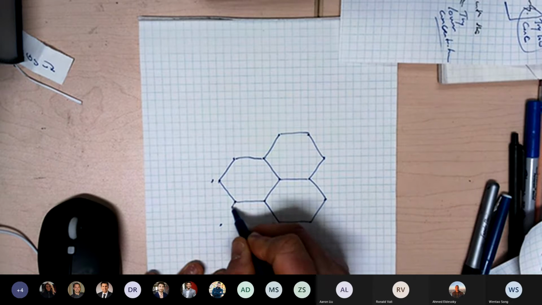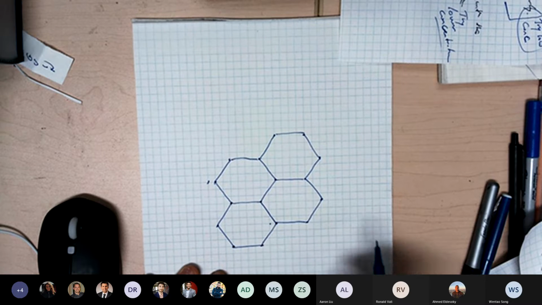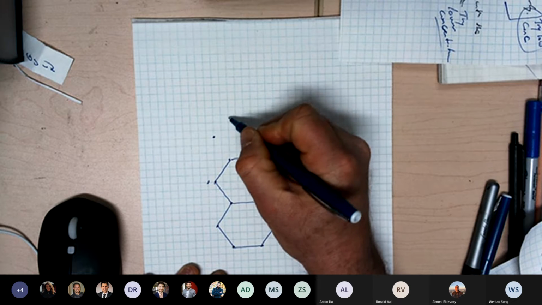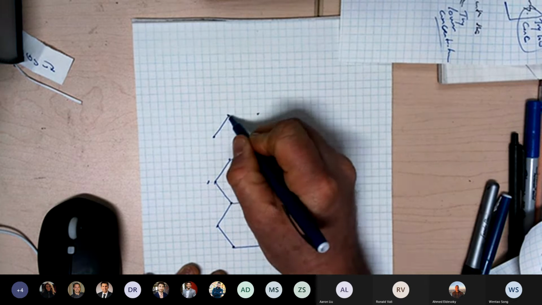Okay, so I won't draw too many just because it takes too long, right? But I think you can see that. So the question is, where do you put the next layer that you stack on top of this?